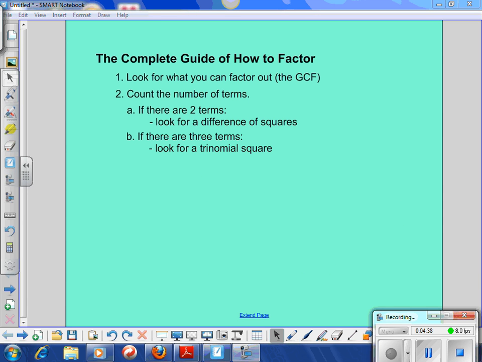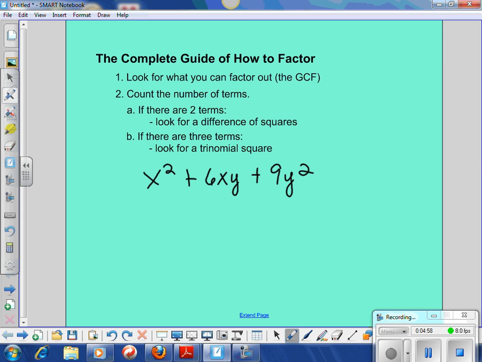Now we're going to look at the scenarios for if there are 3 terms. The first one we're going to look for, because it's formulaic and very easy to solve, is a trinomial square. Once again, to refresh, let's take the example x squared plus 6xy plus 9y squared. To figure out if it's a trinomial square, is the first term a perfect square?